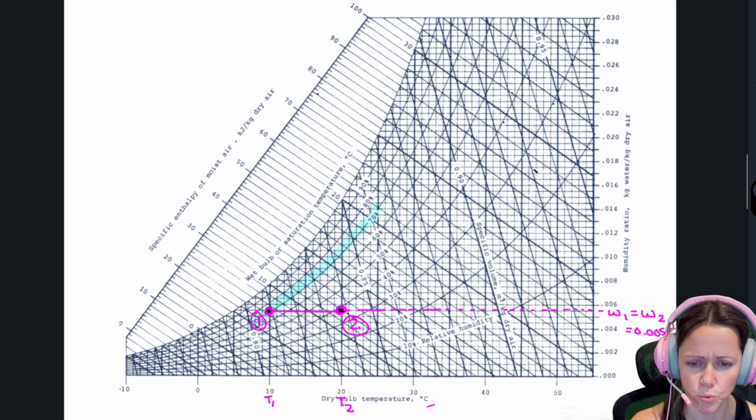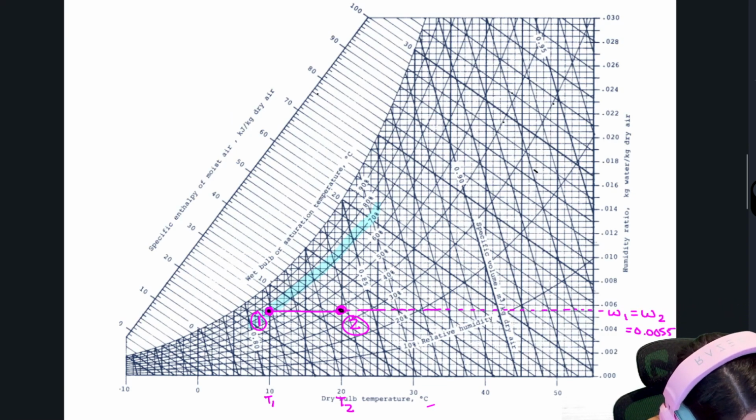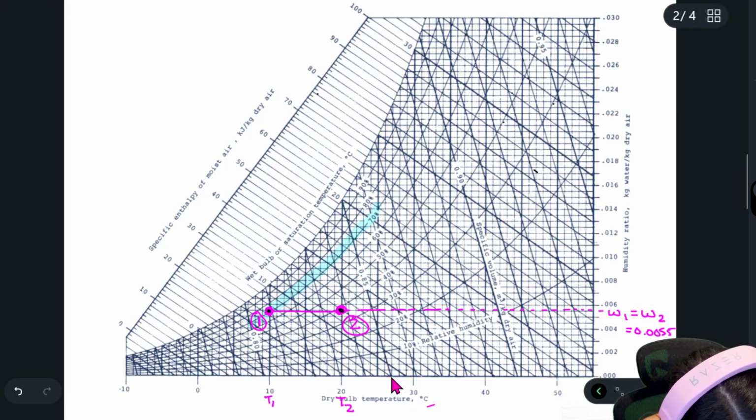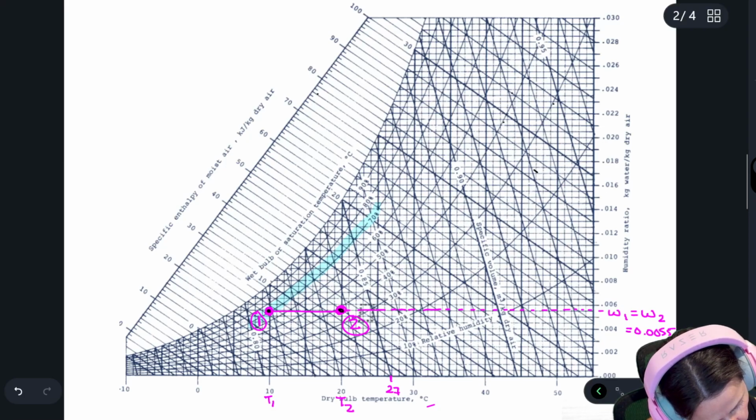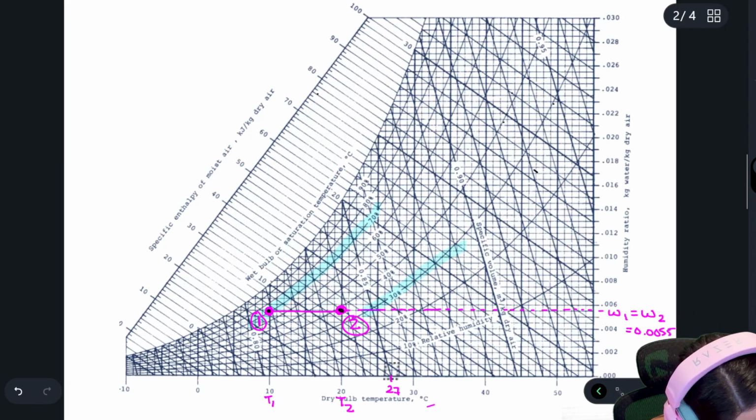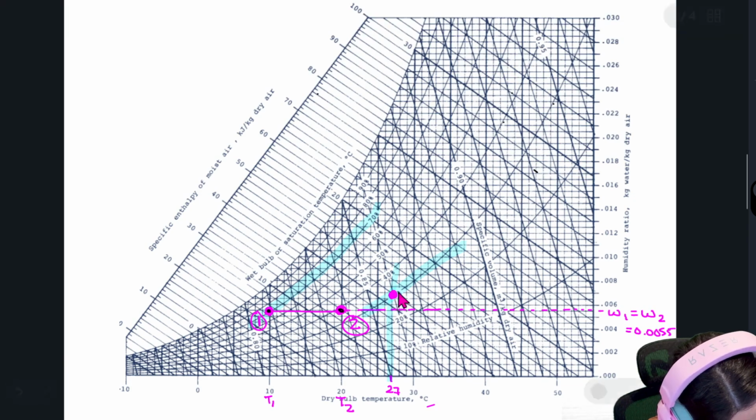So coming out at 27 degrees and 30% relative humidity, there's our 27 and 30% relative humidity. Gotta help myself out here because it's hard to see. It's about right there.